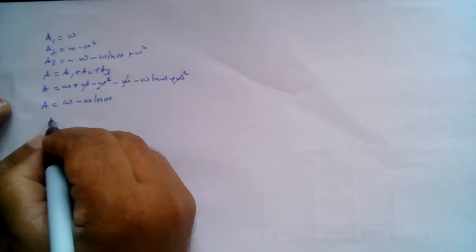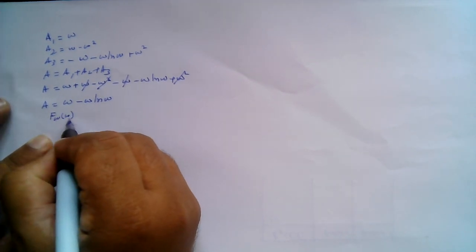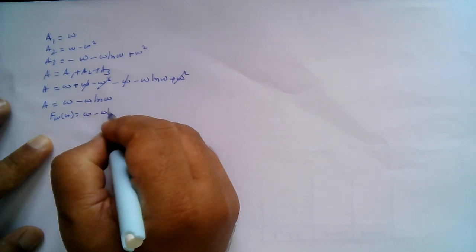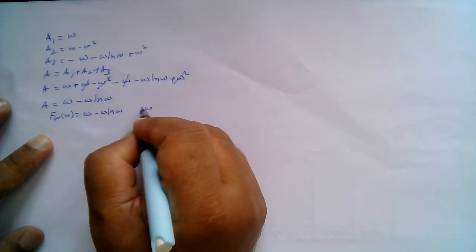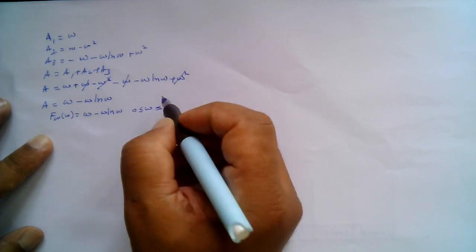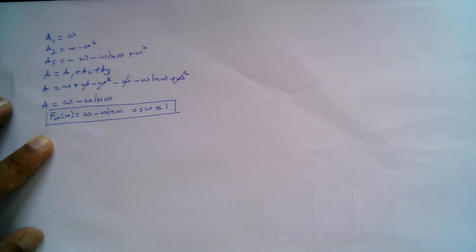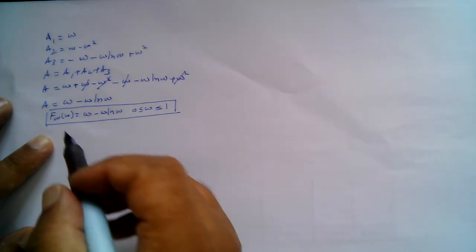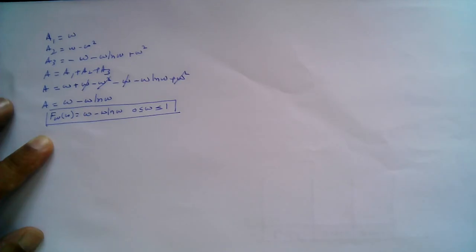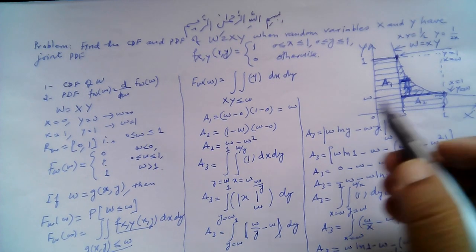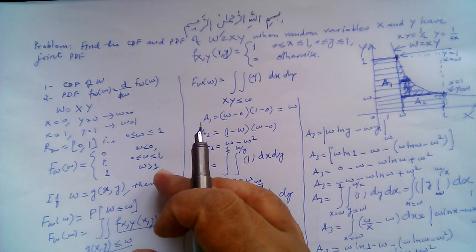So basically F_W of w is equal to w minus w natural log of w for w greater than or equal to 0 and less than or equal to 1, right? This is the result that we have achieved so far, and you must note that we could have calculated this CDF in a different way also.